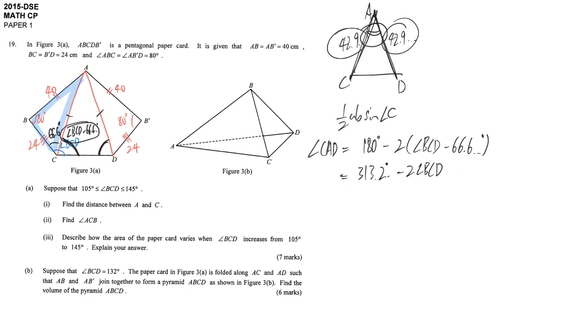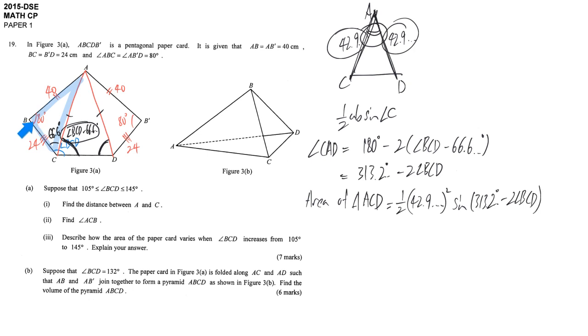And therefore we can write down the area of triangle ACD is equal to 1 over 2, 42.9 squared times sine of 313.2 minus 2 times angle BCD.